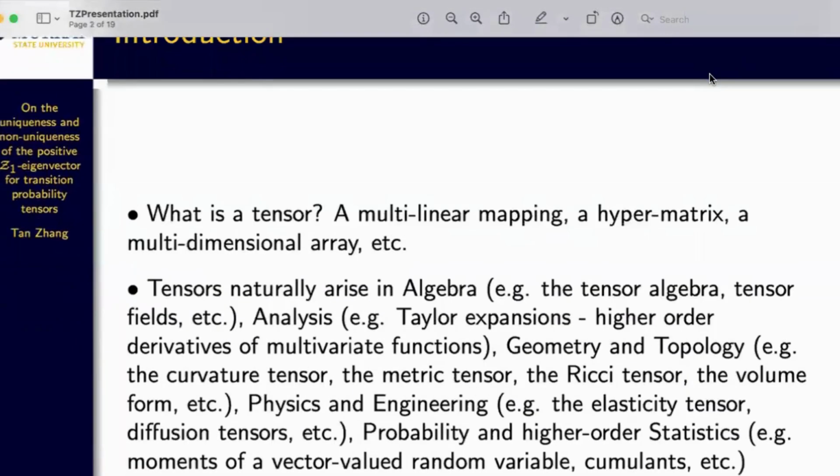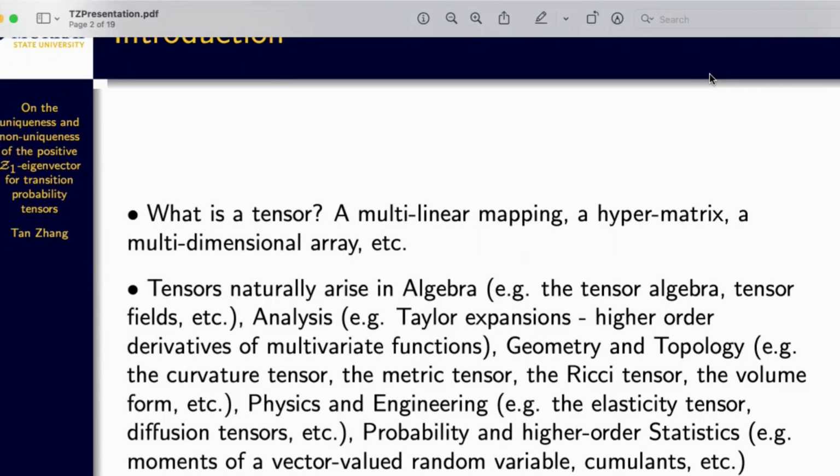So let's begin by asking ourselves, what is a tensor? A tensor is a multilinear mapping, or we can identify that with a hypermatrix, or sometimes multi-dimensional array.